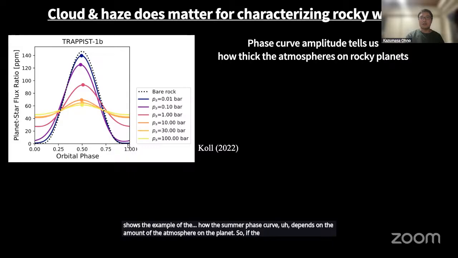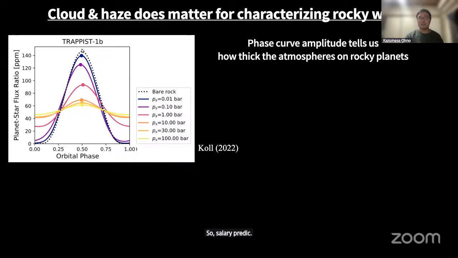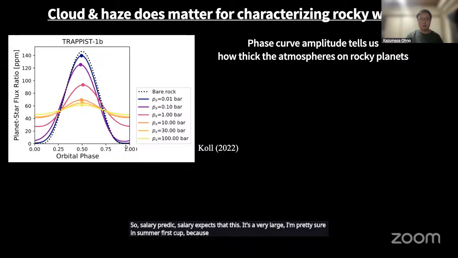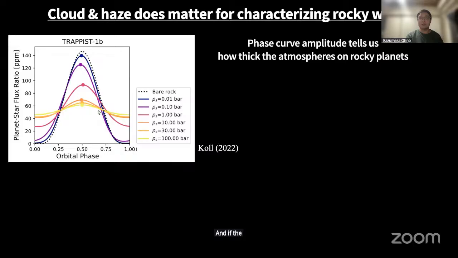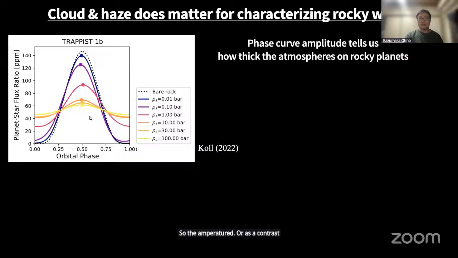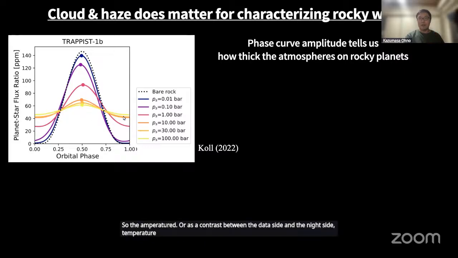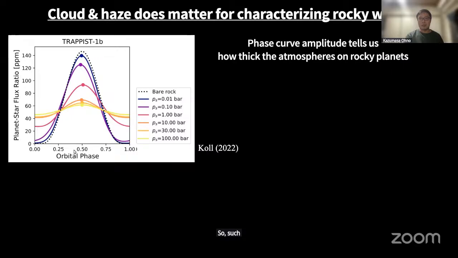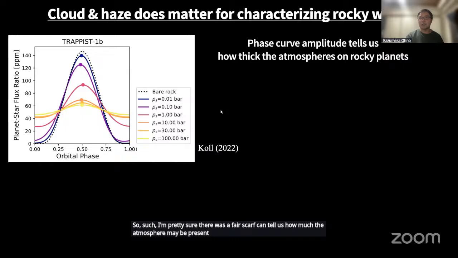If the planet is a bare rock, the theory expects a very large amplitude in the thermal phase curve because the heat redistribution from day side to night side is very inefficient. If the planet has a thick atmosphere, heat redistribution becomes efficient, so the contrast between the day side and the night side temperature becomes smaller. So the amplitude of the phase curve can tell us how much atmosphere may be present on rocky planets.